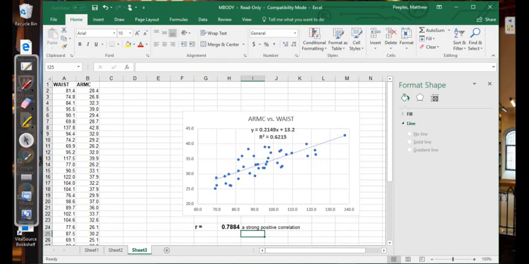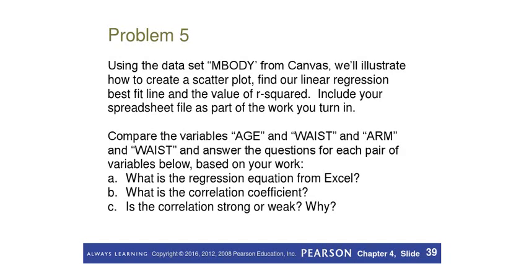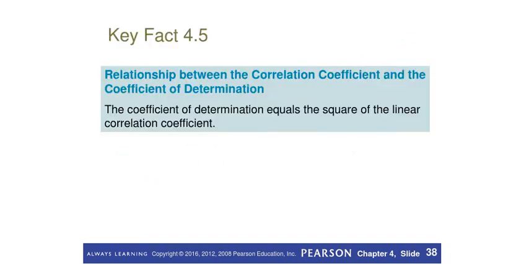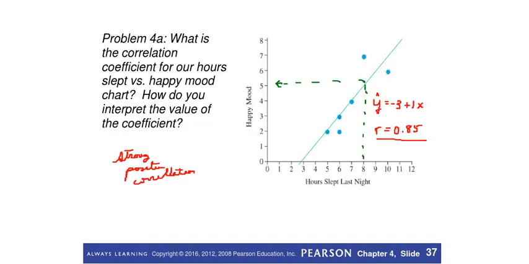Now, let me give one last warning to you right here about correlation and causation, right? When we say correlation, we mean that the two variables are related. Kind of like what we said right here with our happy mood versus hours slept, right? There's definitely a correlation. One can see that one has something to do with the other.